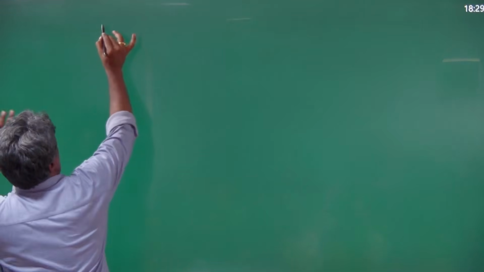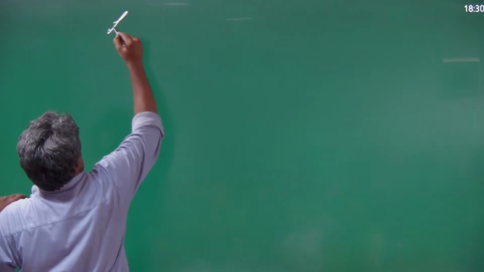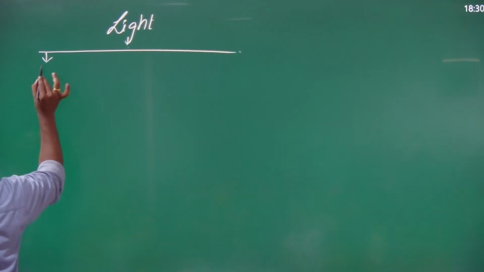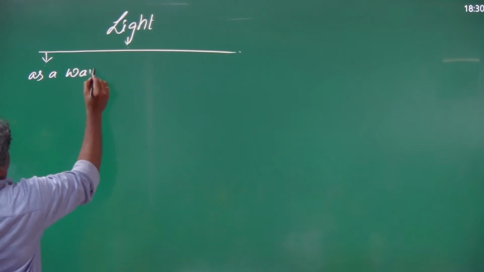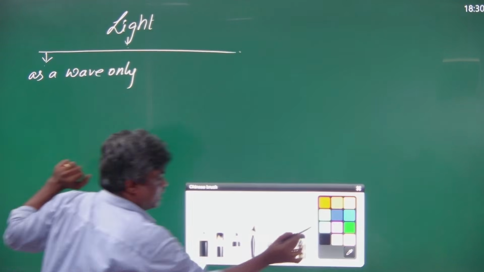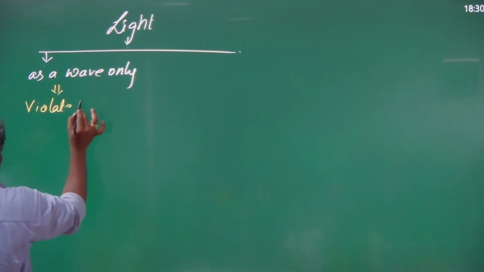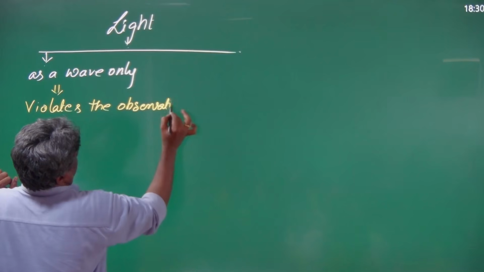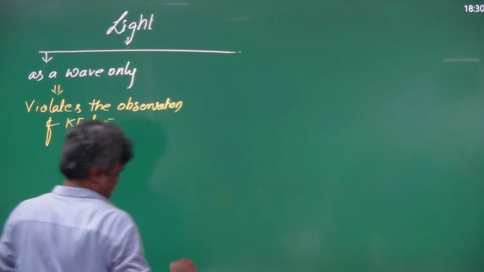So listen one more time. Finally, a photon or light. I hope you understand what I am explaining here. If you assume light as a wave only, what is the contradiction we got? It violates the observation of kinetic energy of the electron.